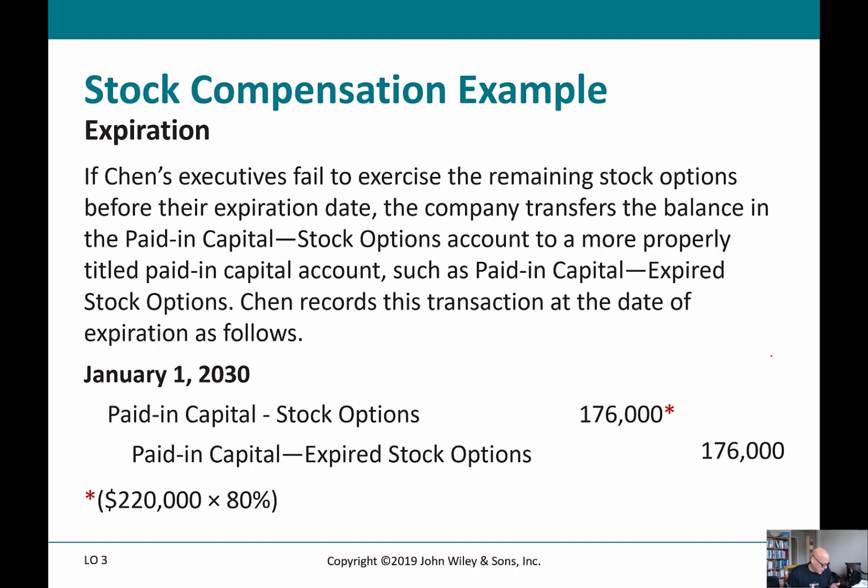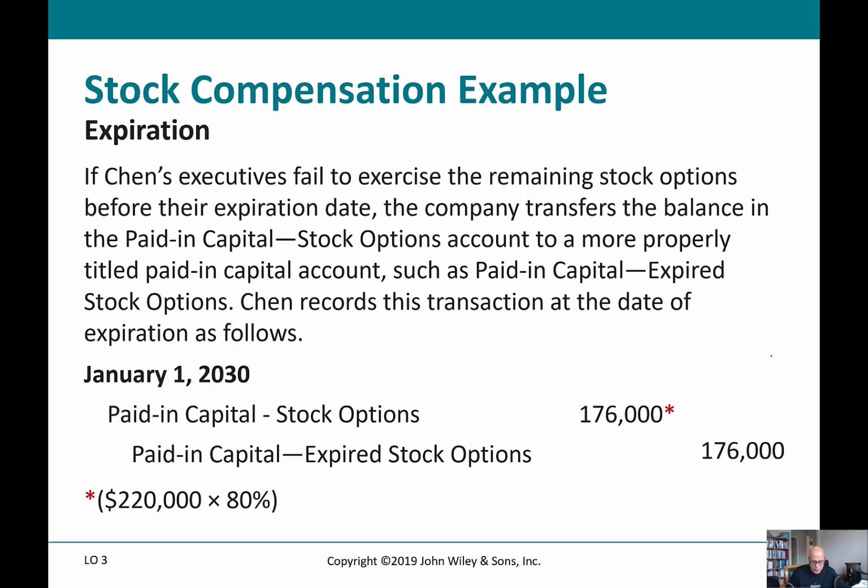But when I look at this example, I'm like, well, what the heck happened? You mean to tell me that the stock price just sat there at the price that it was 8 years ago, and it hasn't increased at all, and the options just expired? I find that a little weird.